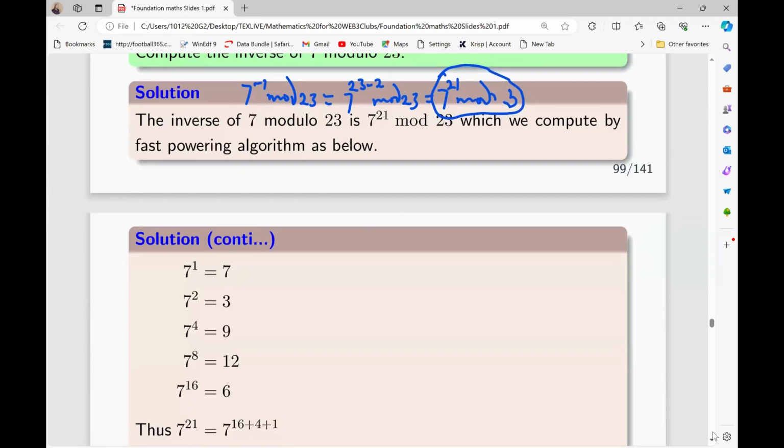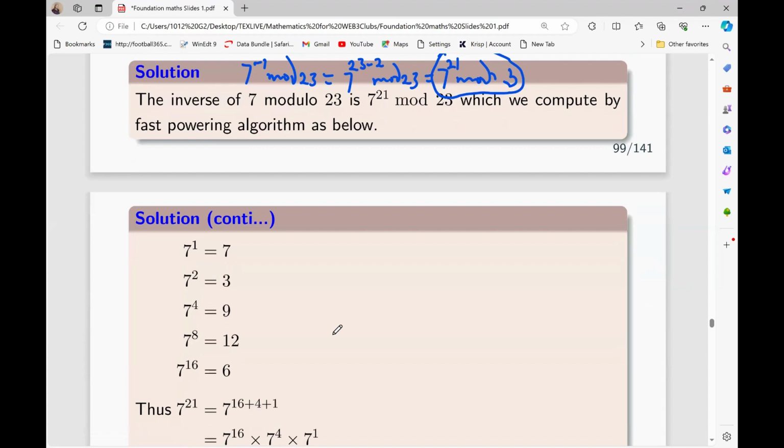Now, in the fast powering algorithm, we want to find 7 raised to 21. So what is 7 raised to 1? 7 raised to 1 is 7. And then 7 raised to 2. Remember, we always square what is above, the whole line. This is 7 raised to 2, which is 49, and we are doing it mod 23.